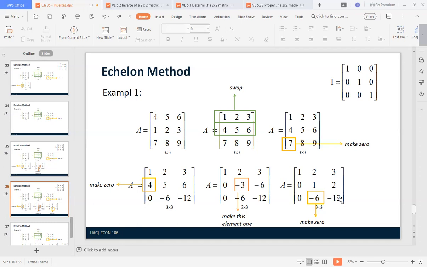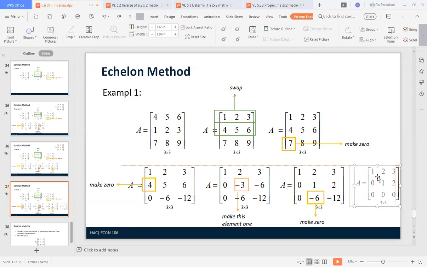So we have a positive 6 multiplied by every element in the second row. So that would be 6 times 1, positive 6. Add that to the third row. So that would be 6 minus 6, that would be 0. 6 times 2, you have 12. Plus negative 12, you have a 0. So you'll end up with this one here.